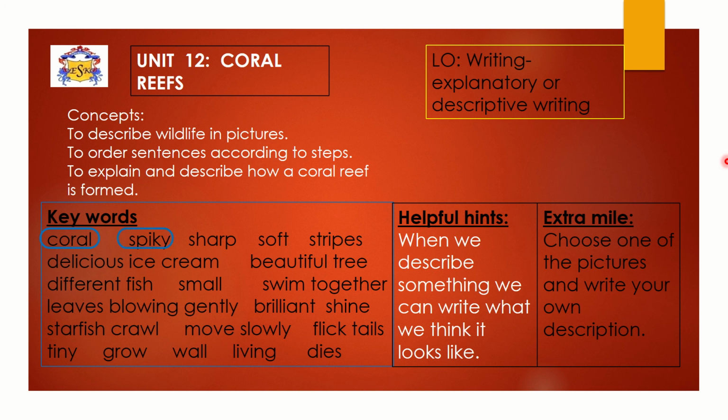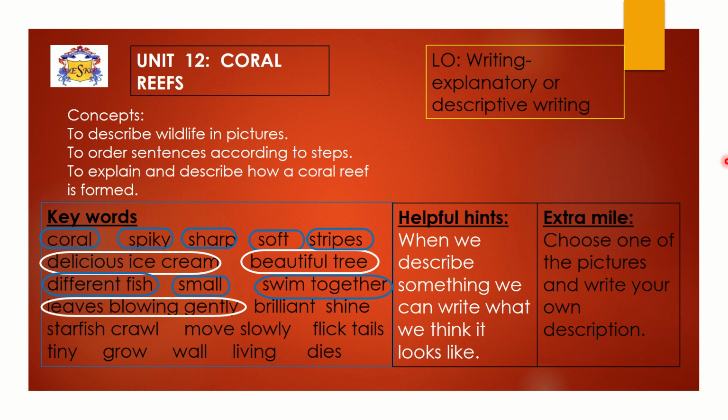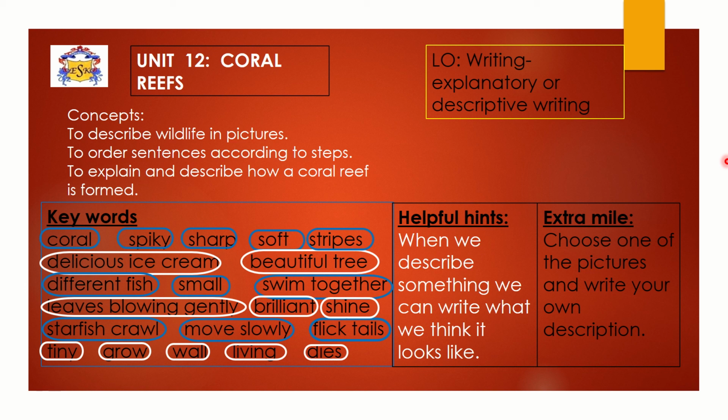Coral, spiky, sharp, soft, stripes, delicious ice cream, beautiful tree, different fish, small, swim together, leaves blowing gently, brilliant, shine, starfish crawl, move slowly, flick tails, tiny, grow, wall, living, dies.